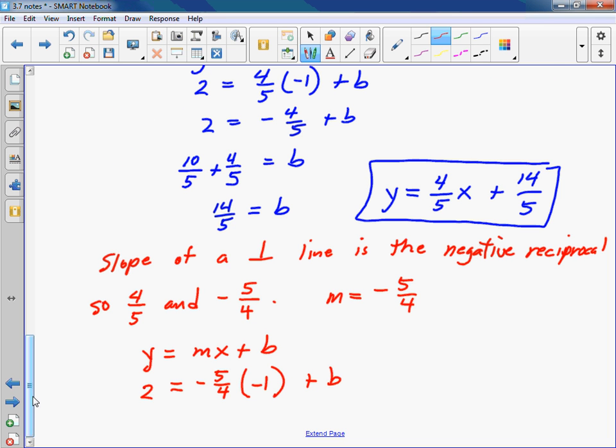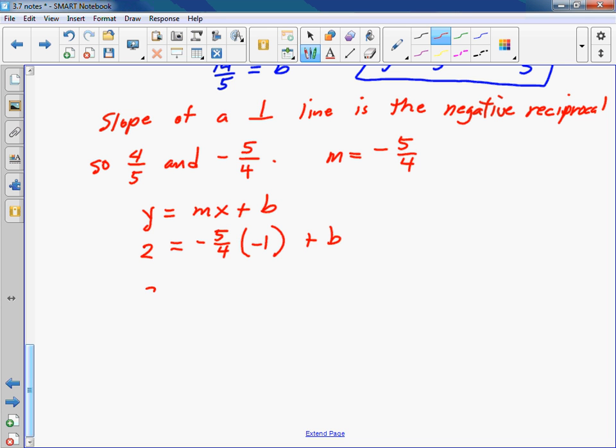So now I can say 2 equals positive 5/4 plus b. I think it might be easier to call it 8/4. And so then I can subtract 5/4 from both sides. 8/4 minus 5/4 equals b.